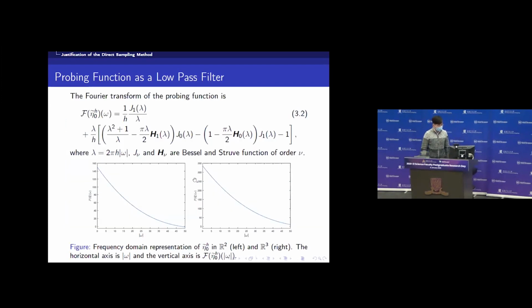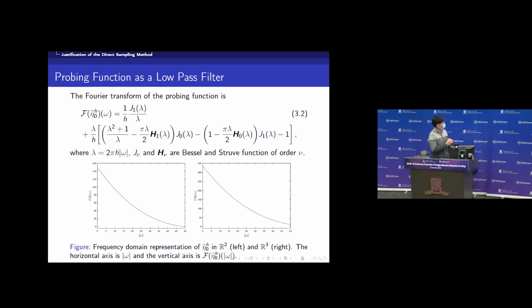The other thing is about stability, about how our method improves the stability of our reconstruction. Recall that in signal processing, if we have noisy measurement data, we would like to apply a low pass filter to the data, and then the data can be improved and we get smooth data.